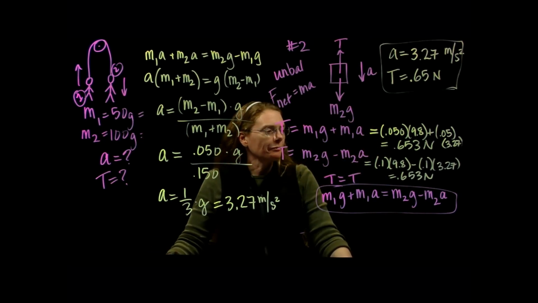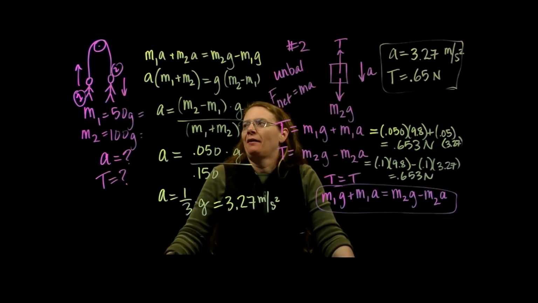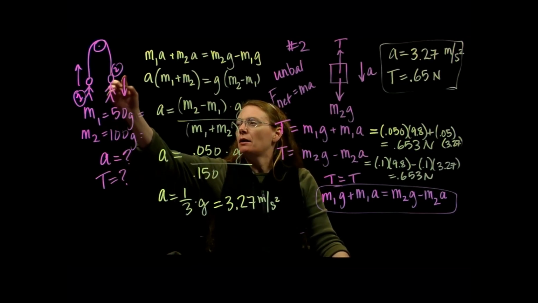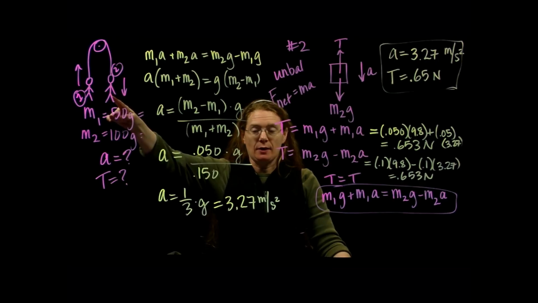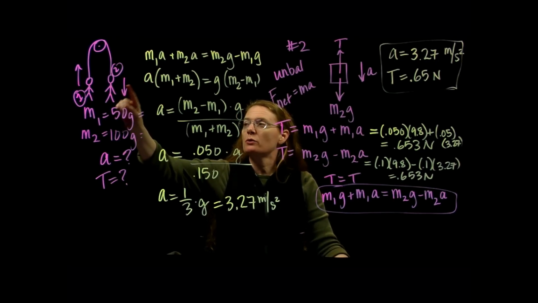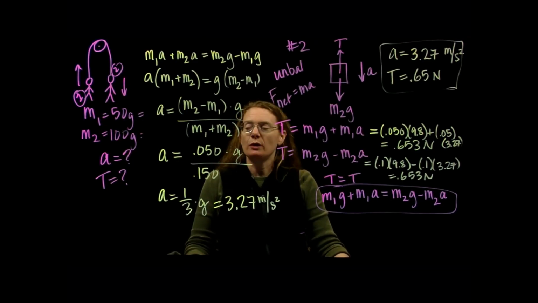Now before I just walk away from the problem, I want you to predict, what do you think would happen to the acceleration if this one, instead of being twice as heavy, was 4 times as heavy? So if this one was 4 times as heavy as this one, what do you think would happen to the acceleration?